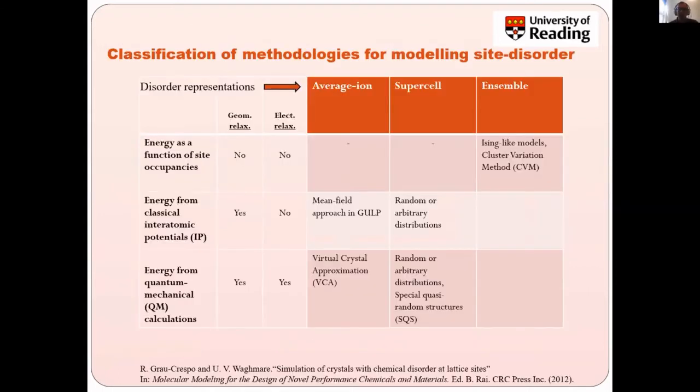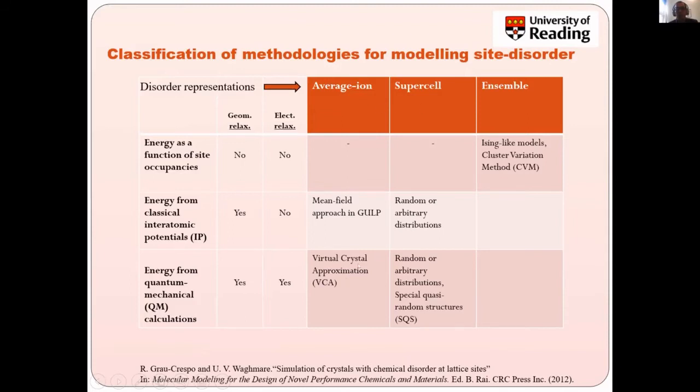So given these three broad categories, you can create a matrix of all the possible methods, if, in addition to the horizontal classification that I just mentioned, you add a classification based on the type of evaluation of energy that you do. So if you do things ab initio, from scratch, using quantum mechanics calculations, you can do each of the three methods that I mentioned before.